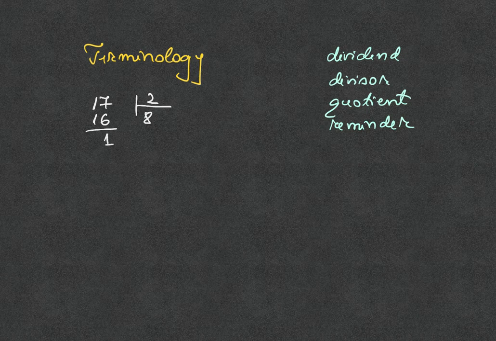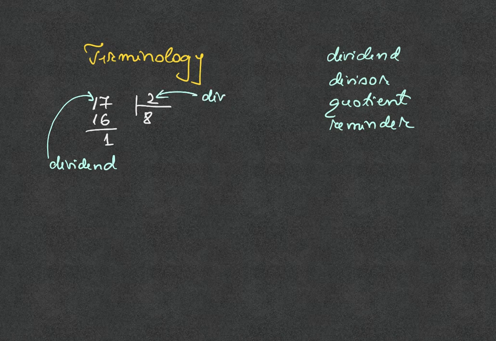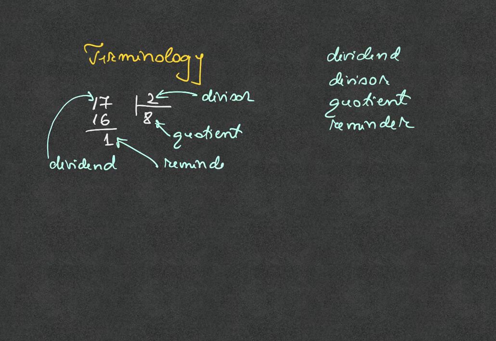So you can use any division algorithm that you want, but the terminology is the same. 17 is the dividend. 2 is the divisor. 8 is the quotient. And 1 is the remainder. Bear in mind that you can also write this division as 17 equals 2 times 8 plus 1.